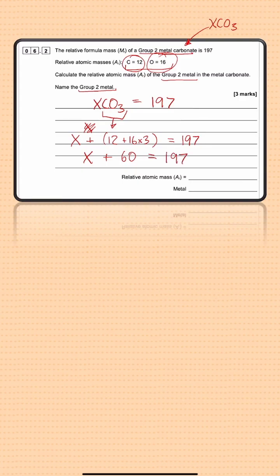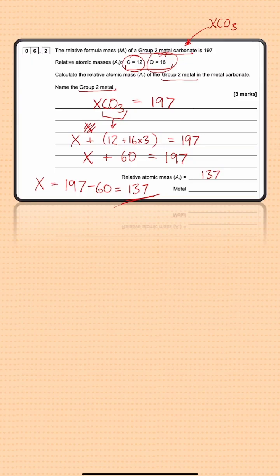We want to work out what X is, so we can subtract the 60 from the 197. We can move the 60 to the other side of the equation, so basically minusing 60 from both sides of the equation. So 197 minus 60 gives you, yep, everyone's writing the right answer now, 137. So that's the relative atomic mass of the element, 137.